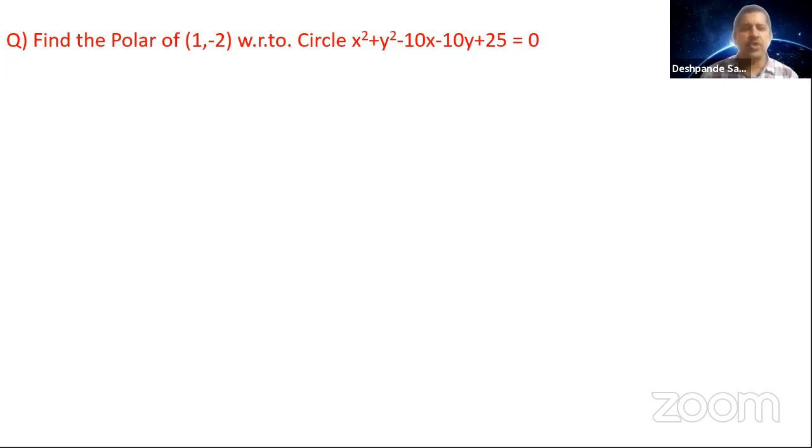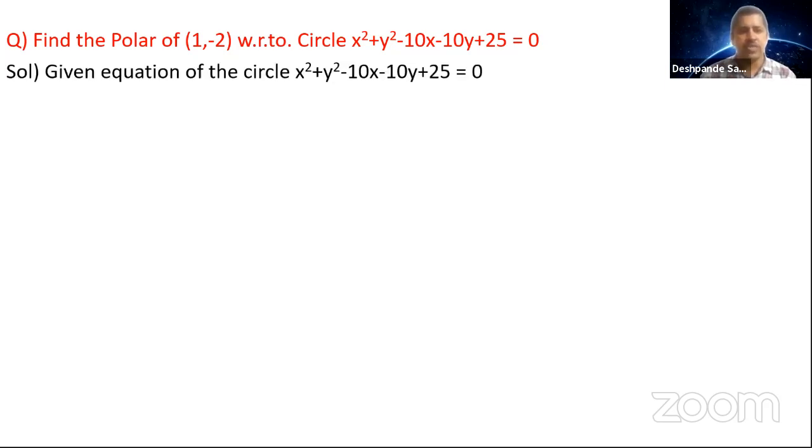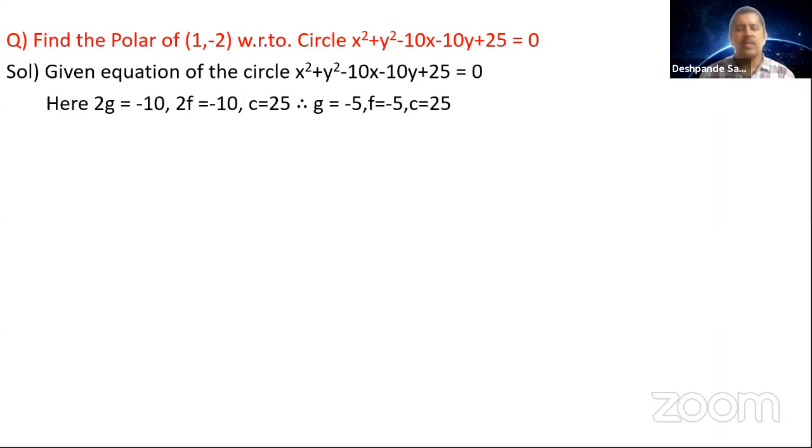So what equation are you going to take? Simply S1 is equal to 0. First, what is the value of g, f, c? 2g is -10, 2f is -10, and c is 25. So 2g is -10 means g is -5, f is -5, c is 25. So you got the values of g, f, c.